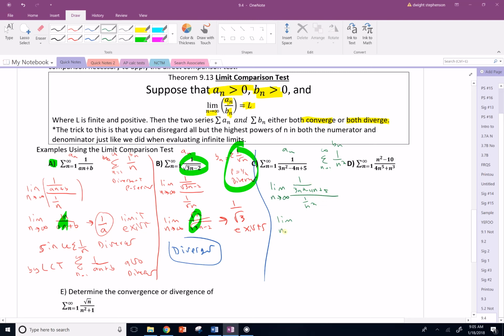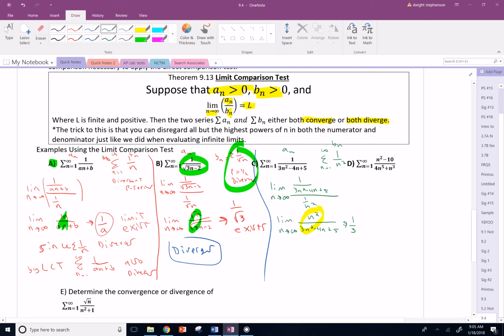You can see this process so far is very repetitive. We've done this a lot. This is going to be n squared on top, 3n squared minus 4n plus 5 on bottom. It's an infinite limit, which means we can use the n behavior model. Just look at those. So this converges to 1/3.